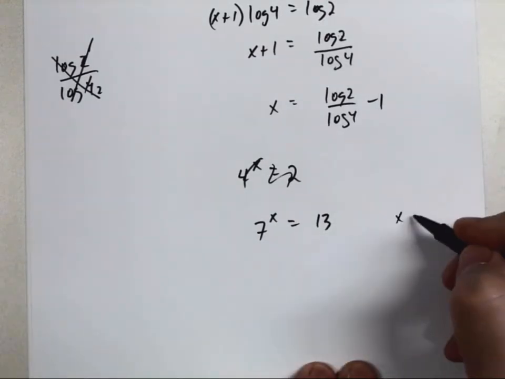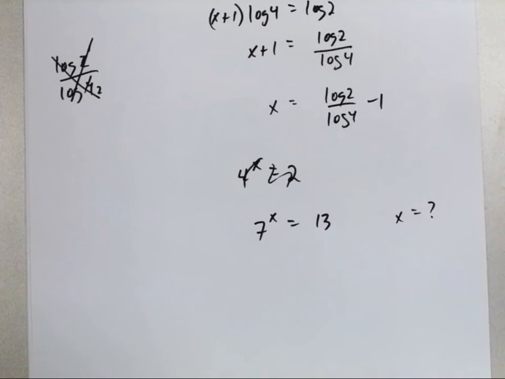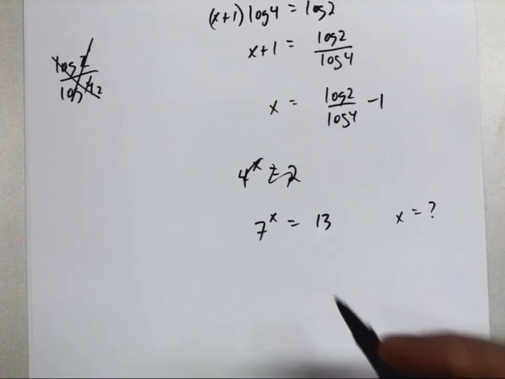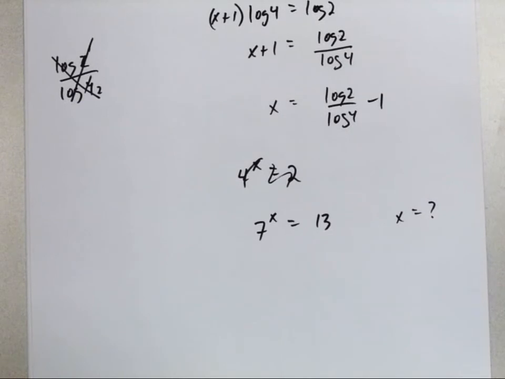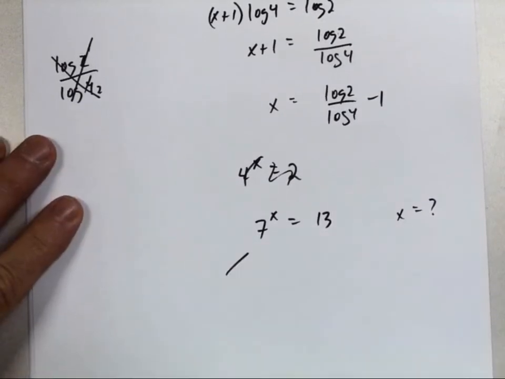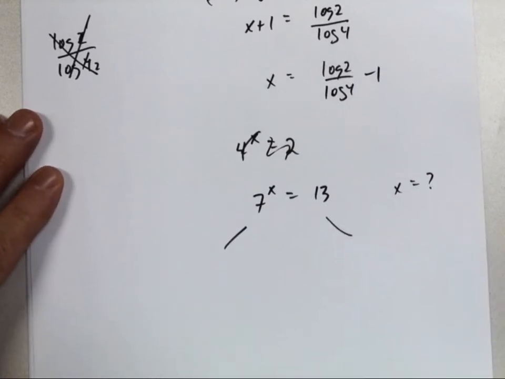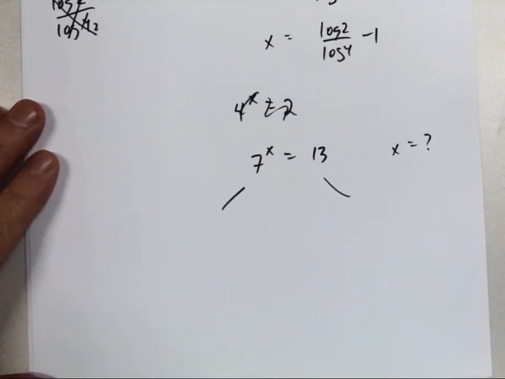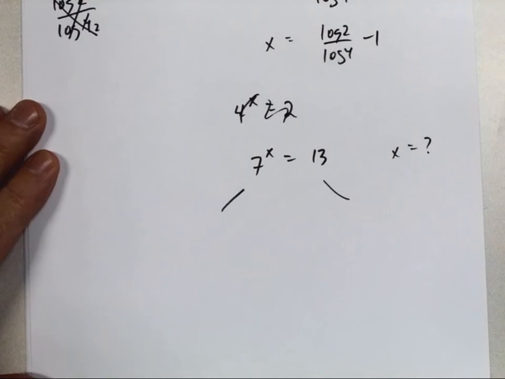And you're asked to solve for x. The way I'm going to solve for x is I'm going to use logs. Two possibilities, and I should get the same answer either way.